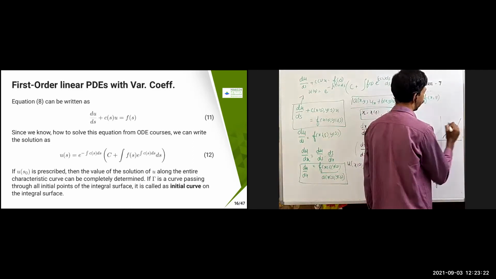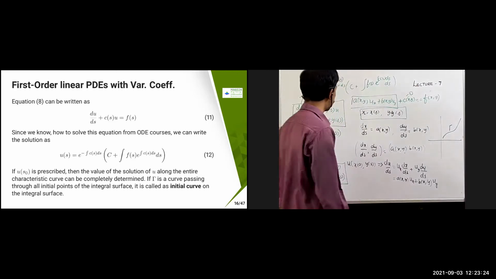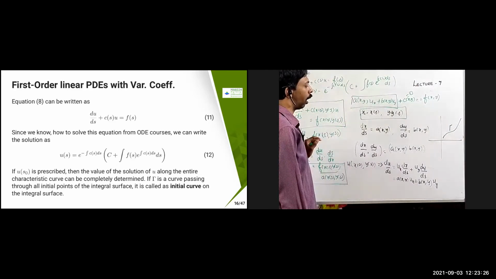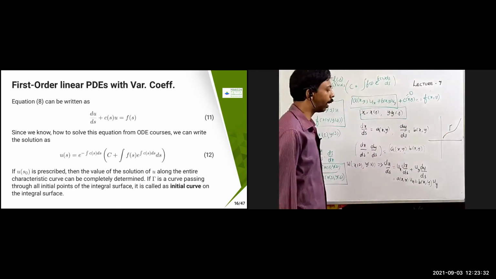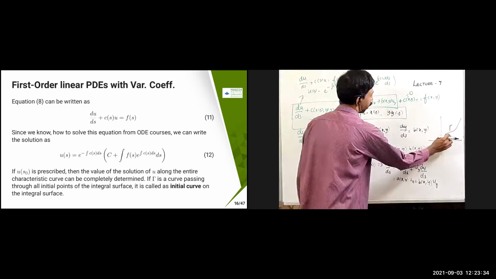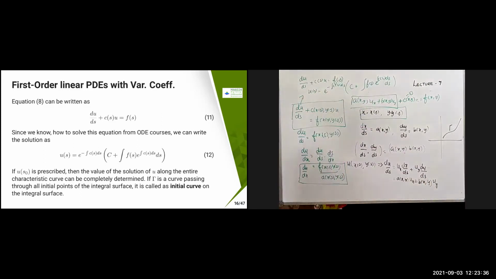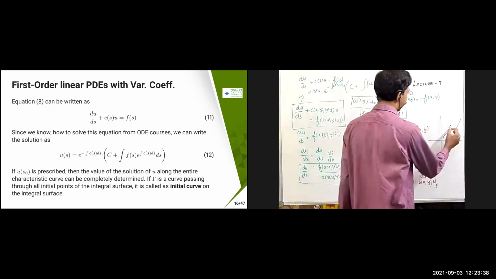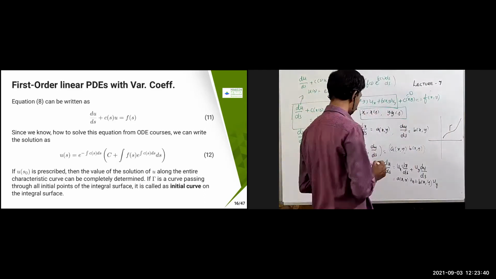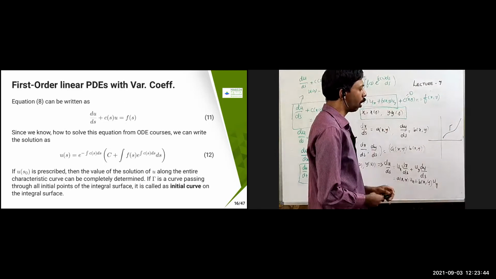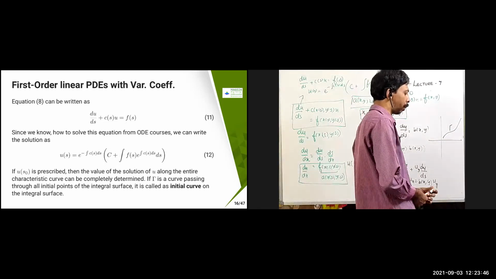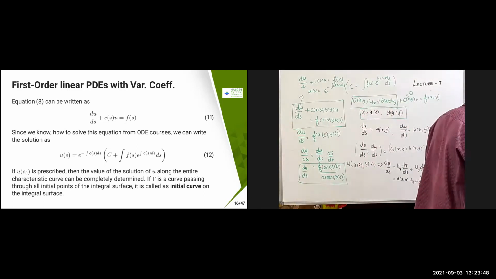Gamma is a curve given, which is passing through all the initial points of this integral surface. Then it is called the initial curve on the integral surface.